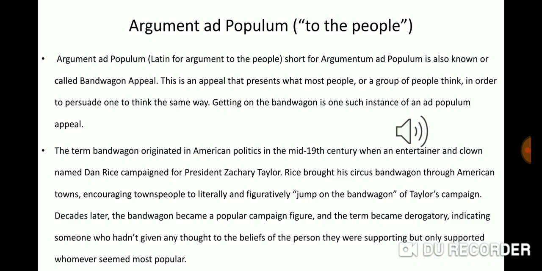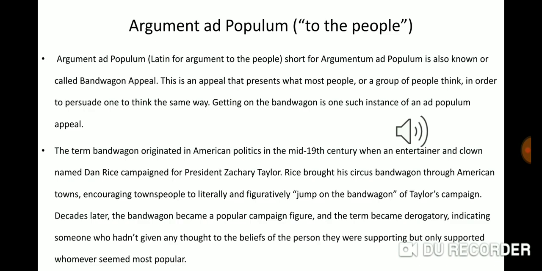The term bandwagon originated in American politics in the mid-19th century when an entertainer and clown named Dan Rice campaigned for President Zachary Taylor. Rice brought his circus bandwagon through American towns, encouraging townspeople to literally and figuratively jump on the bandwagon of Taylor's campaign.